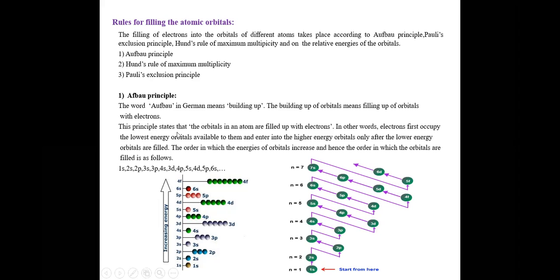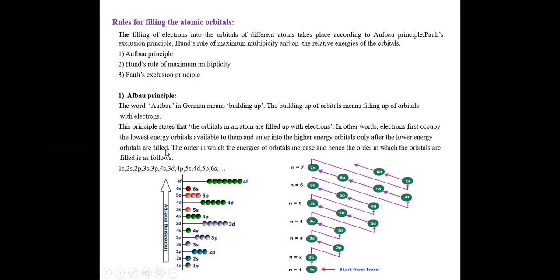This principle states that the orbitals in an atom are filled up with electrons. In other words, electrons first occupy the lowest energy orbitals available to them and enter into higher energy orbitals only after the lower orbitals are filled.